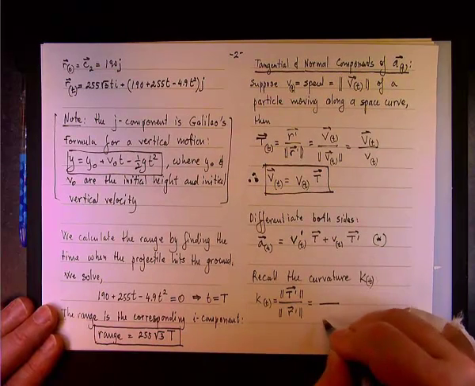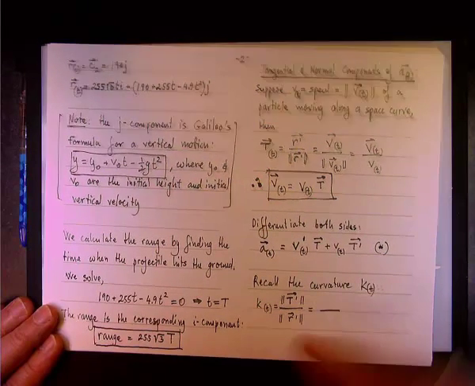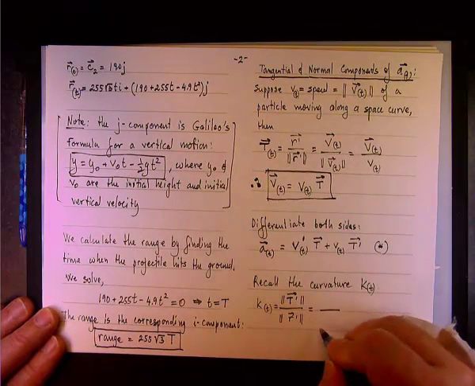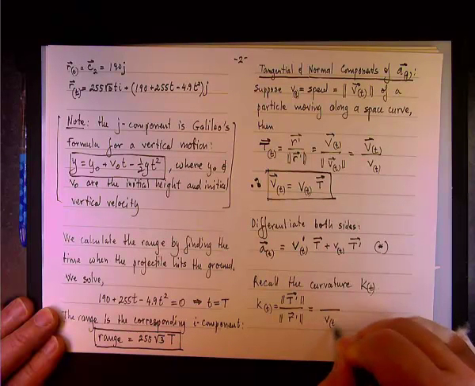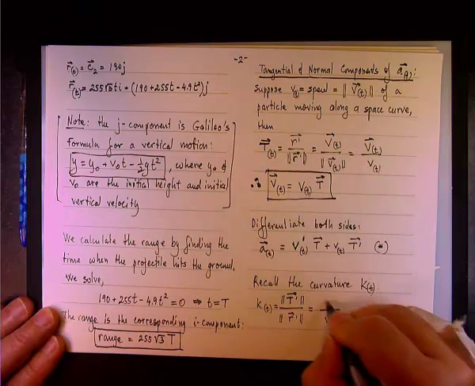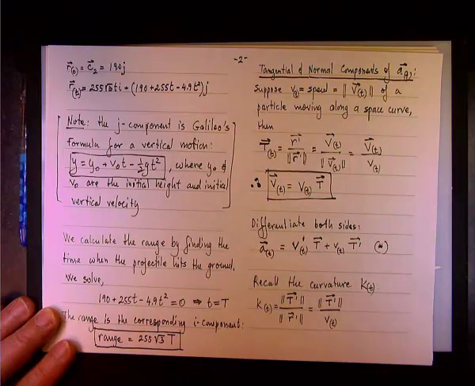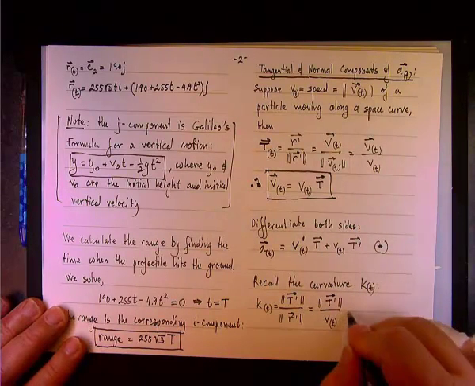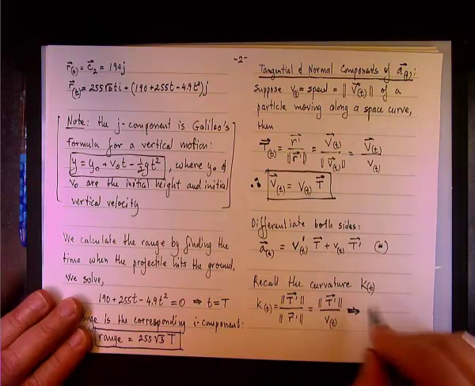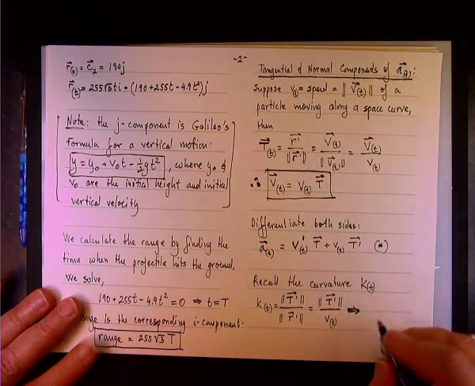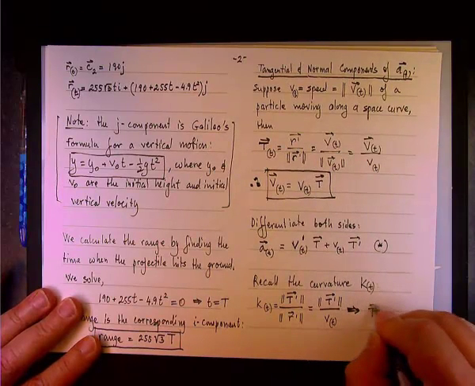All right, now we bring in the curvature. So recall the curvature, K. Remember, the curvature is not a constant, it's a function of time. What was the definition of the curvature? Magnitude of T prime over magnitude of r prime.